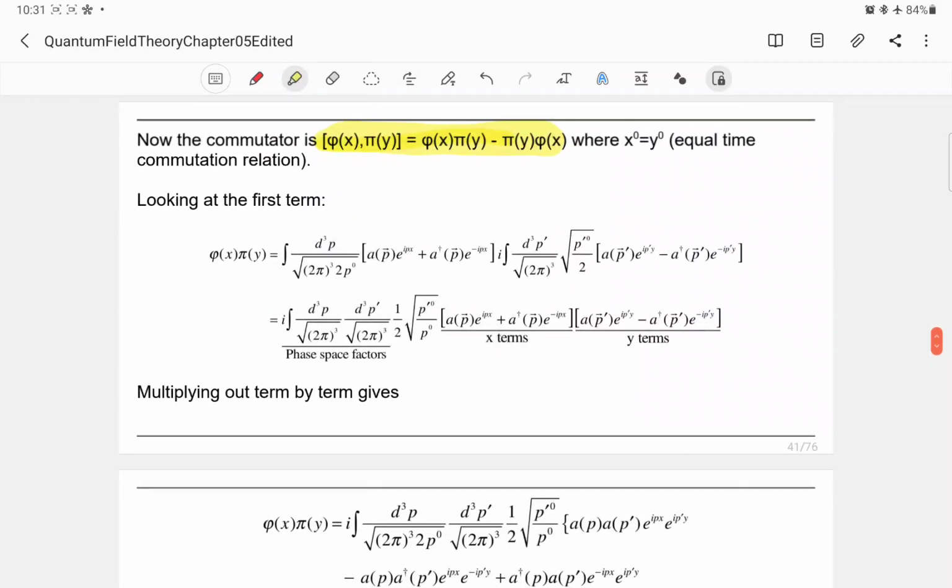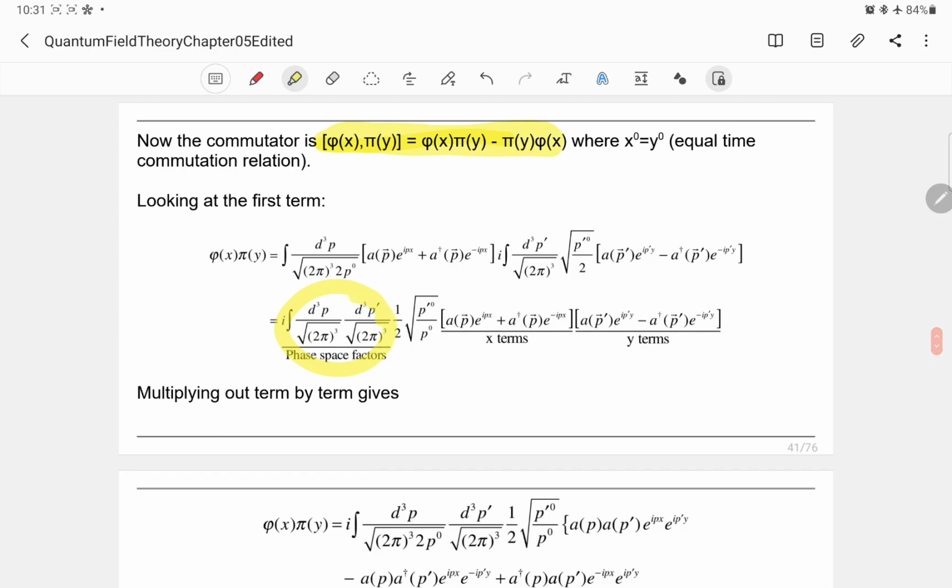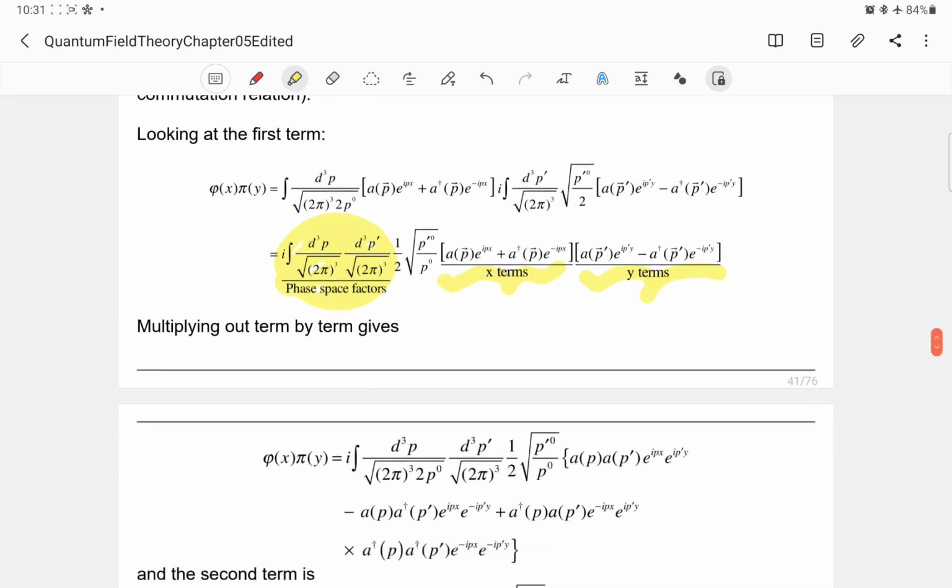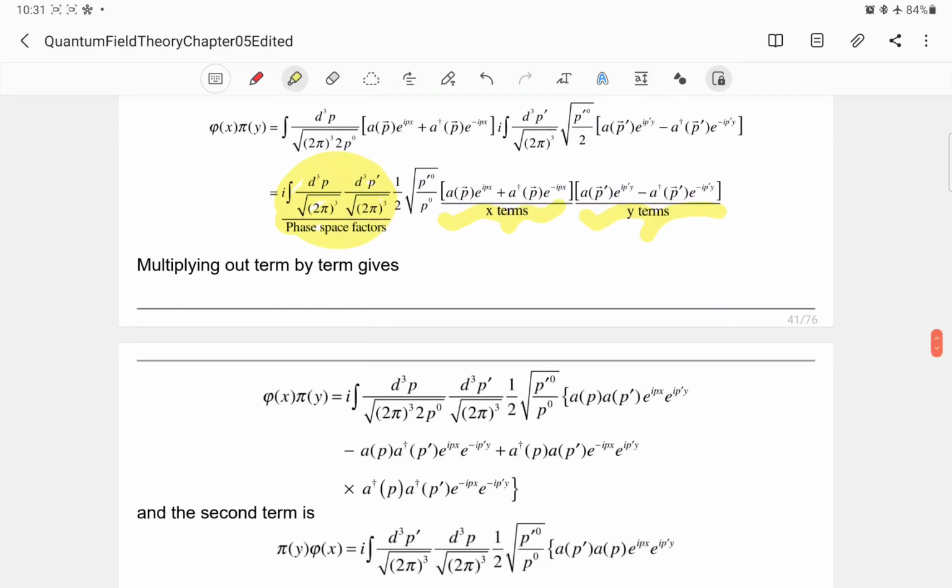So looking at the product, of course these are what you call the phase factors, and this one here are the x terms and the y terms, different times. So if you get the product, expand the product, you just multiply algebraically, but be careful about the ordering of the operators, because they're not ordinary numbers.